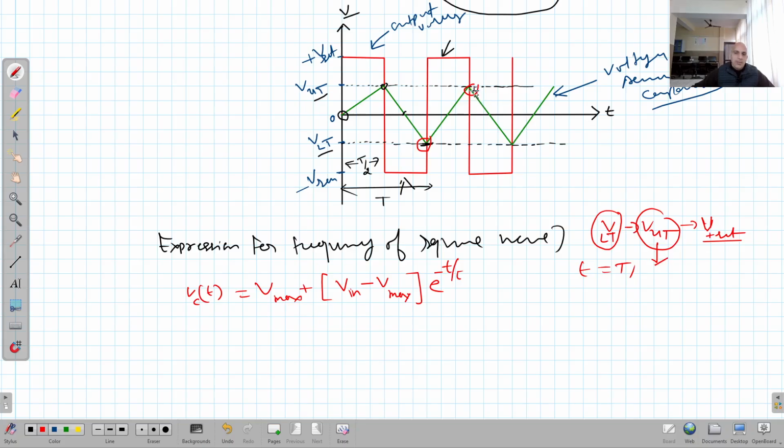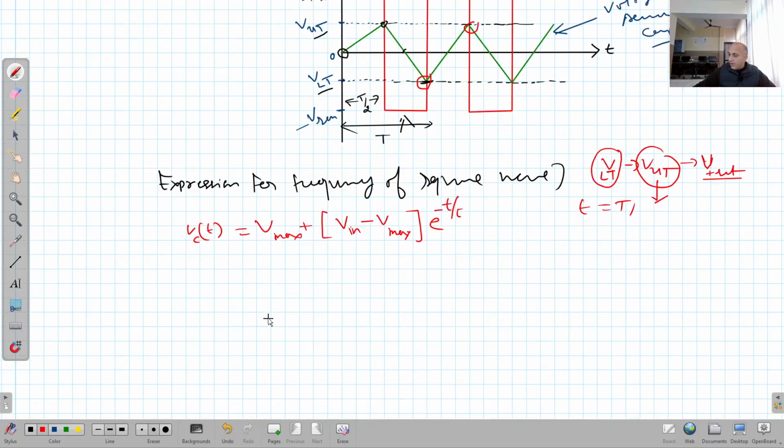You can see from here that at any time t, suppose the voltage across the capacitor is V upper threshold. Then I can modify equation number 1.